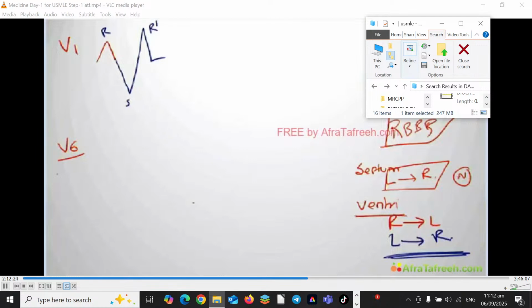When it is in the opposite direction, it will be a downward deflection. But because the RV is getting activated from the musculature, it would be slower. And as it is slower, it will happen after the LV contraction and it forms a positive deflection. Is it clear now?